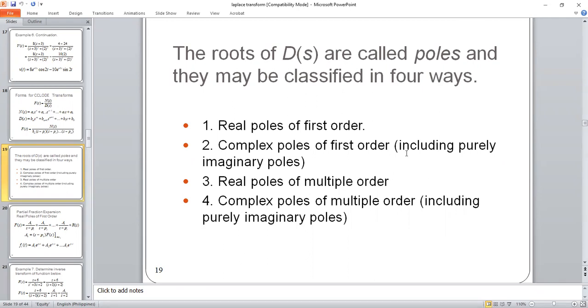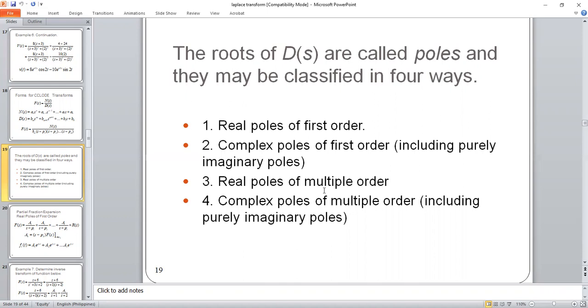Ang tawag lang na diya sa iya is multiple order, meaning, for example, you have an S cubed that is to be viewed as S, S squared, and S cubed. So when you write the sum of three partial fractions equivalent to just 1 over S cubed, amo na siya ang pagkasulat: A over S, B over S squared, plus C over S cubed.